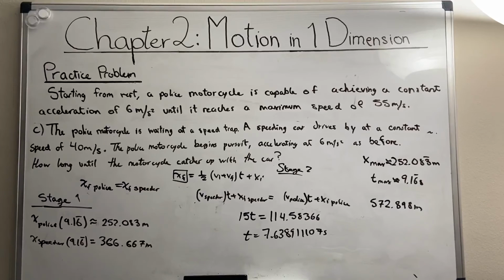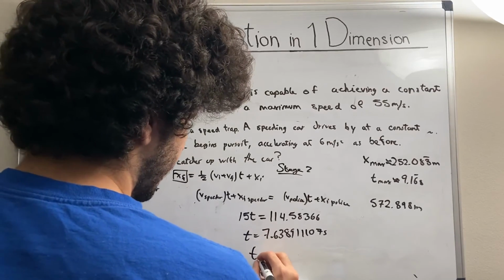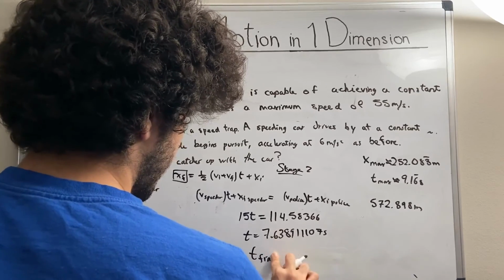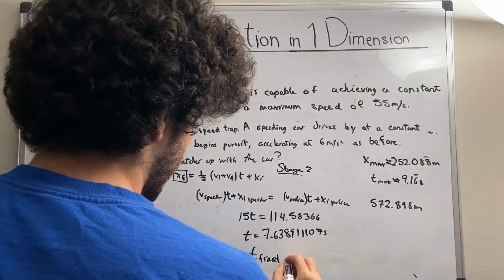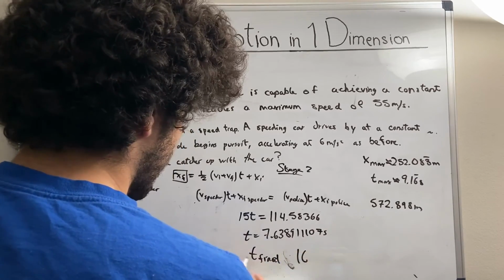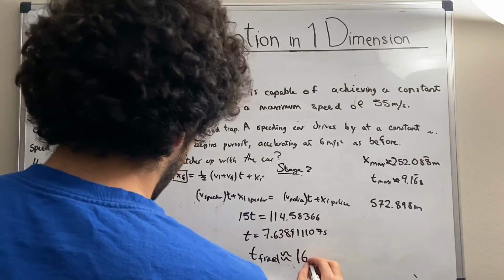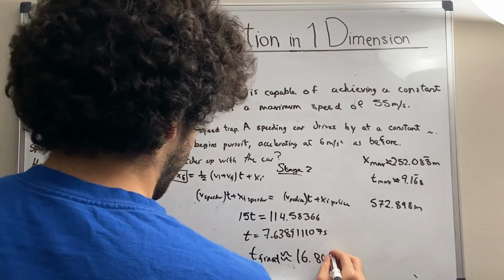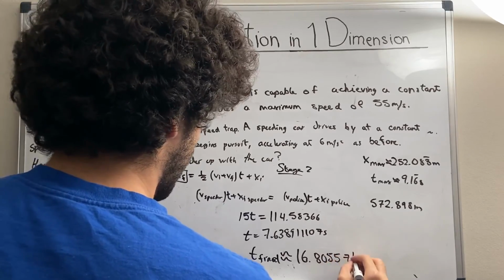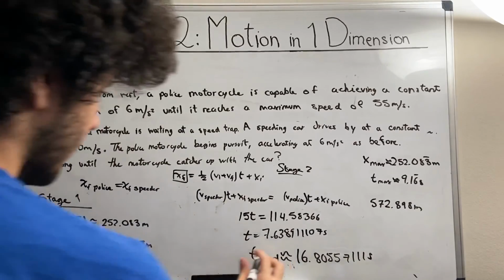But when we add them together is when we finally end up with the result we're looking for, which is T final is about equal to 16.8055.7111 seconds. A lot of decimals, but that's your final answer.